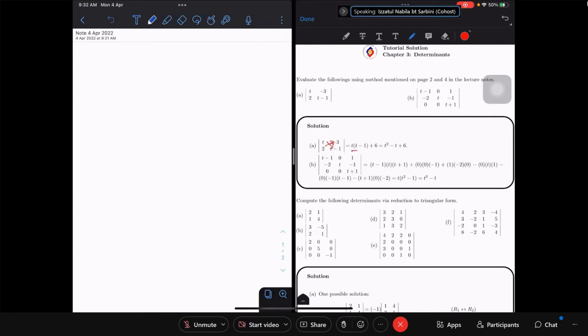In this case, t times (t minus 1) minus negative 3 times 2. That's why you get plus 6. So you have this as your determinant.